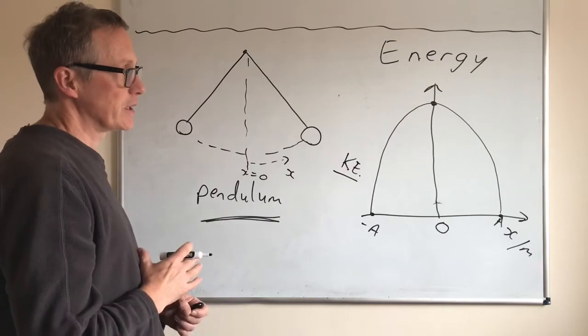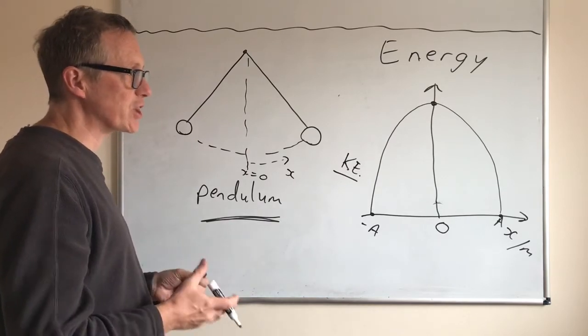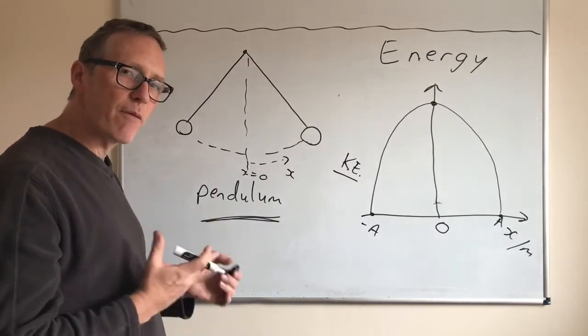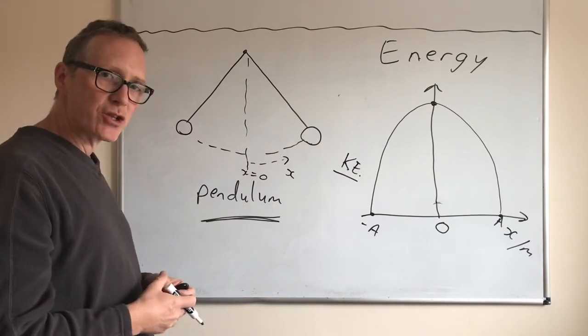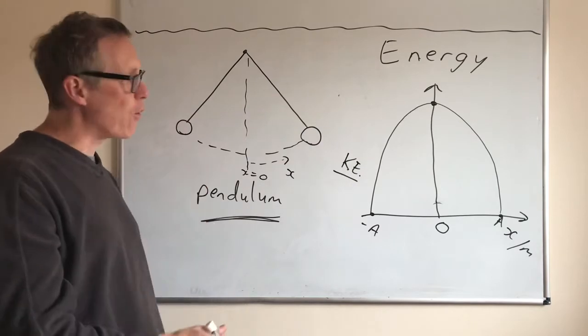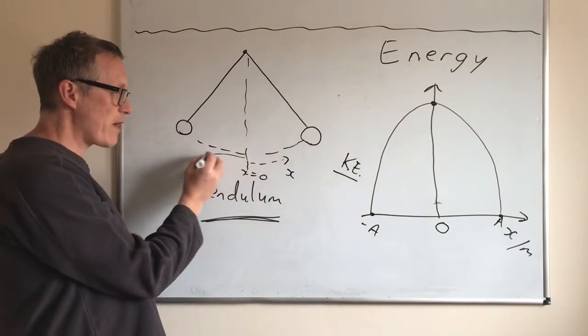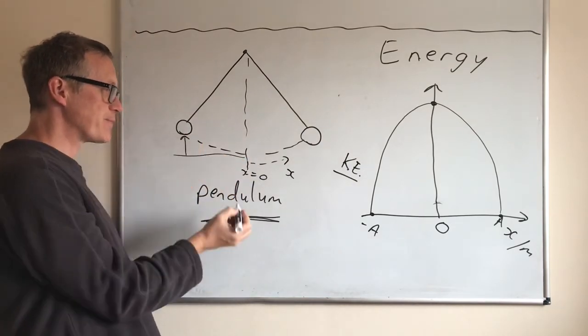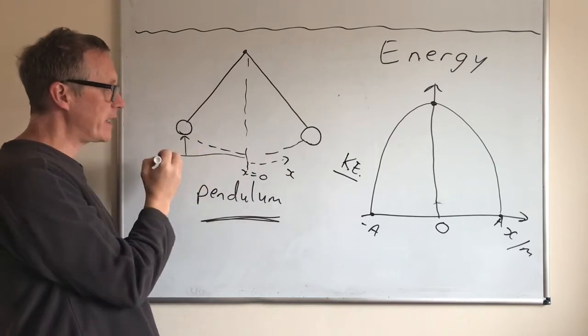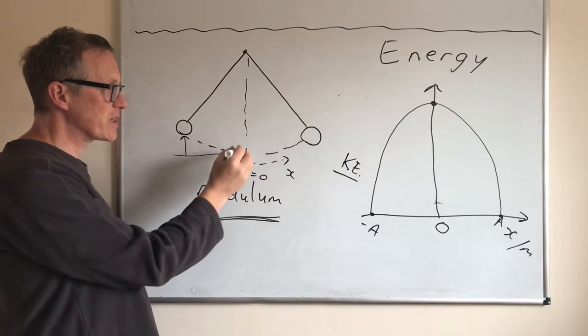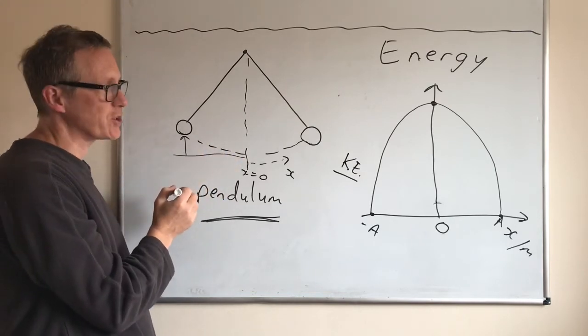So kinetic energy is changing in the system. Well, this kinetic energy may well be changing, but that's because the energy is moving from one form into another form. And in this case, with a pendulum, you may notice that the other form of energy is gravitational potential energy. Look, the pendulum mass, the bob, is higher here than it is here. So it's gained gravitational potential energy.